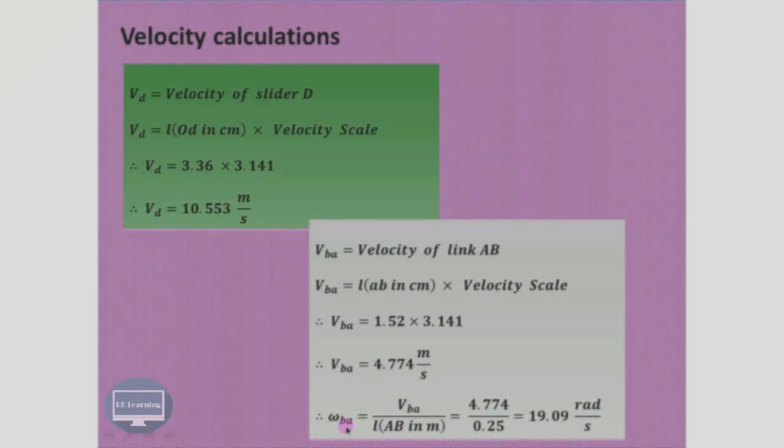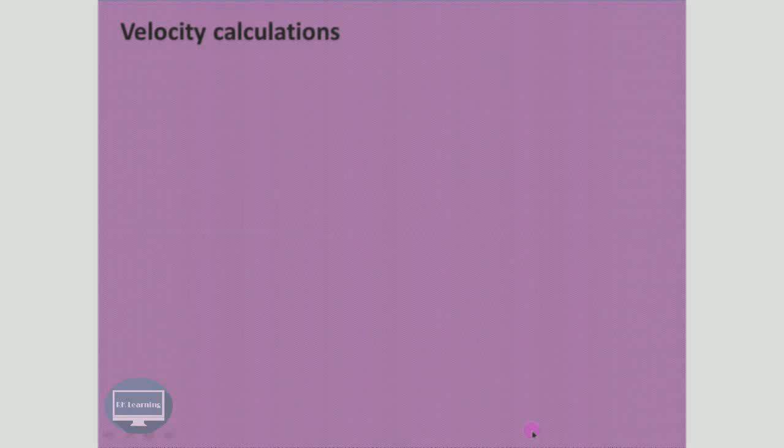And V is equal to R omega, so omega is equal to V upon R. So this velocity divided by the link length AB, we are calculating the angular velocity of AB. Please remember that this length AB is nothing but our original link length of the mechanism that is given in the example, which is in mm, that we have converted into meter. So the angular velocity is 19.09 radian per second.